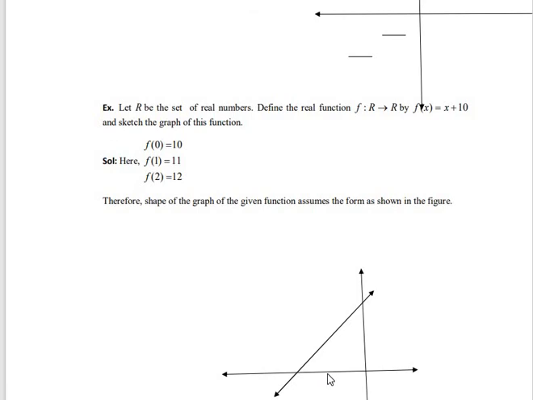Because in this portion I will consider only the real valued function, and for a real valued function you have to take the sets as real number to real number. So let R be the set of real numbers. Define the real function f from capital R to capital R by f of x is equal to x plus 10, and sketch the graph of this function.